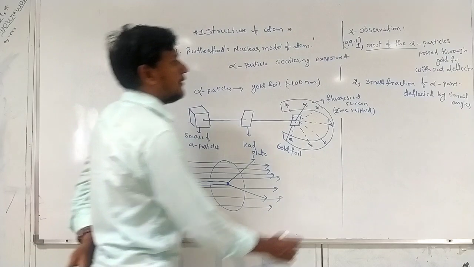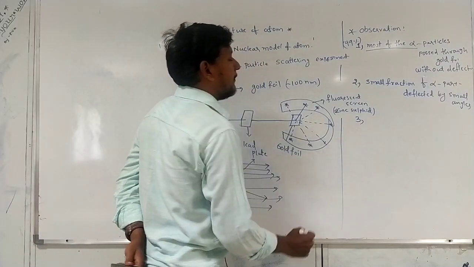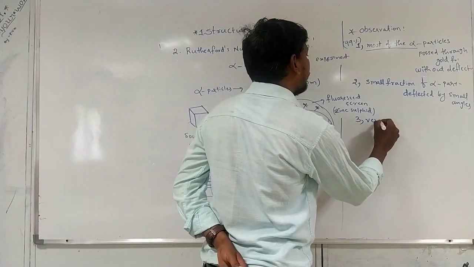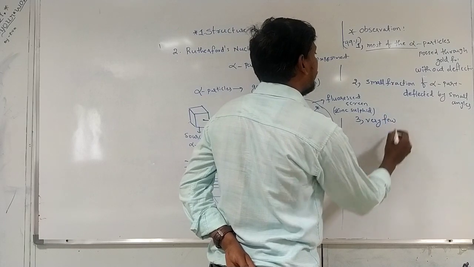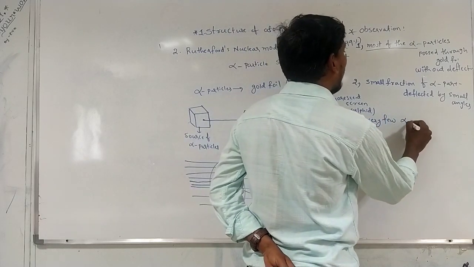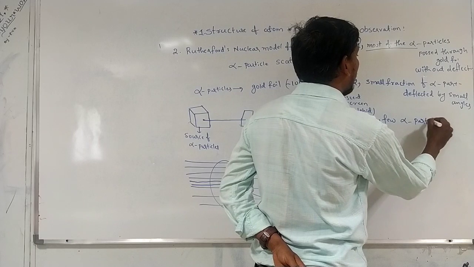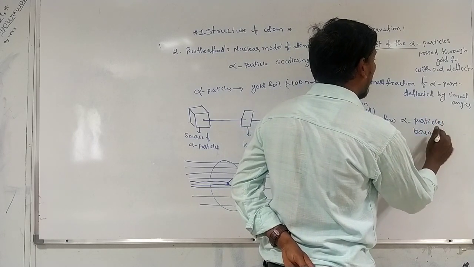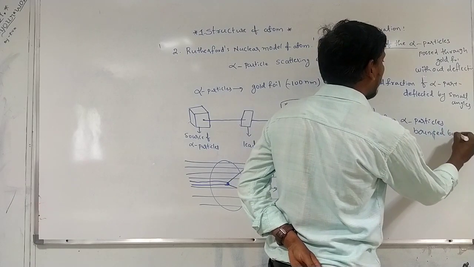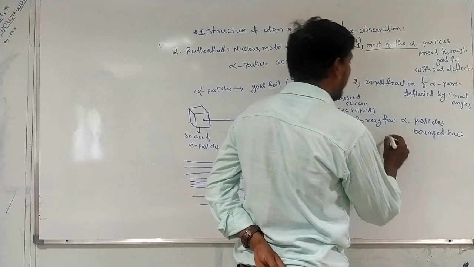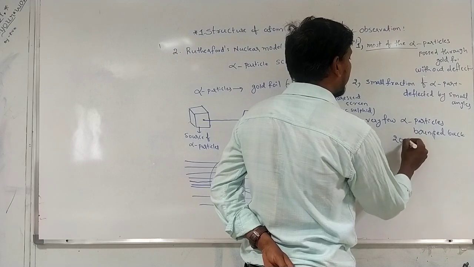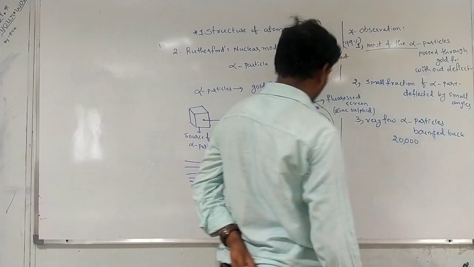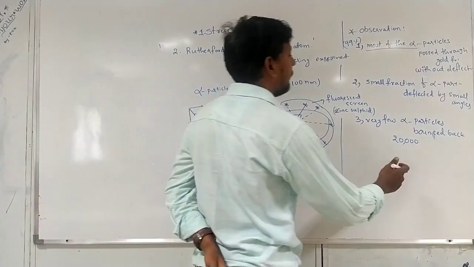Next, third observation: very few alpha particles bounced back. Here I am taking 20,000 alpha particles, alpha rays.